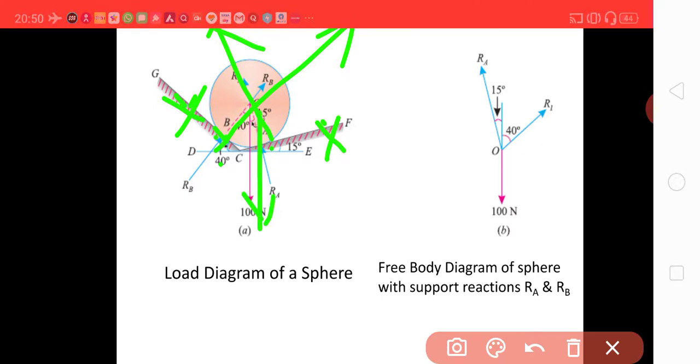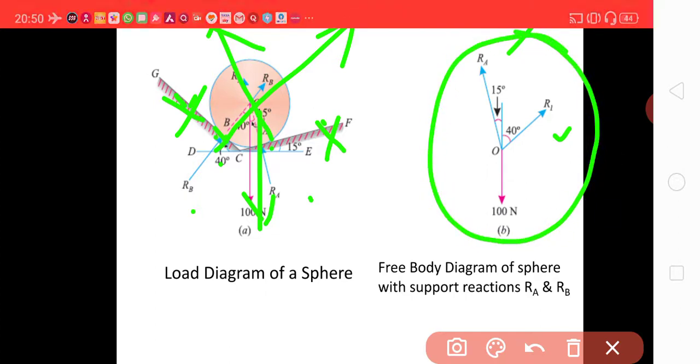Then this is RB, here RB, this is A, the RA, and such a diagram will be called a free body diagram. Sometimes we can see it as a force diagram also.